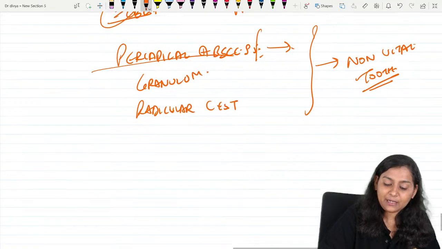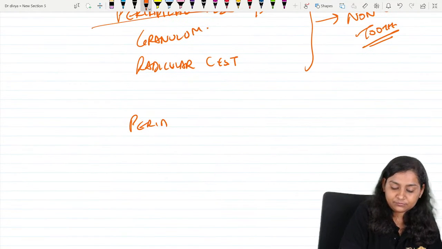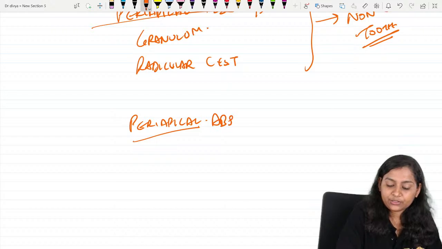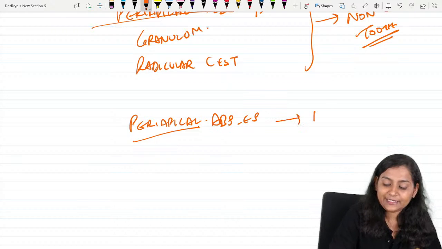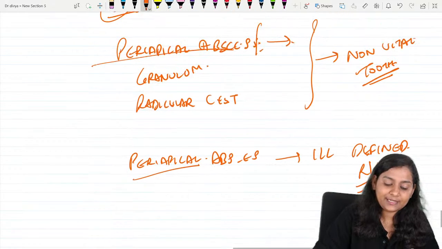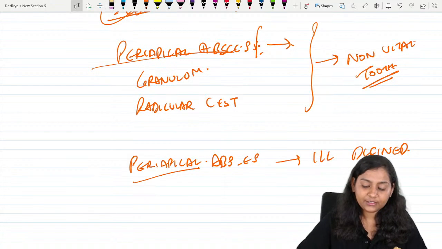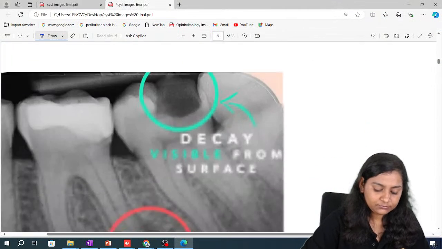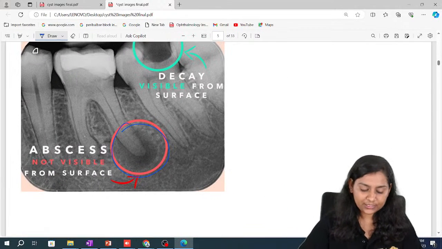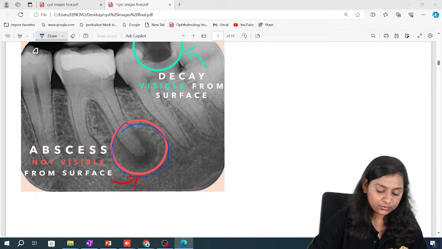But in the periapical abscess, what radiographic feature will be seen? It will be an ill-defined radiolucency, while granuloma and cyst have a well-defined radiolucency. See, this is a periapical abscess. It is an ill-defined radiolucency associated with a non-vital tooth.